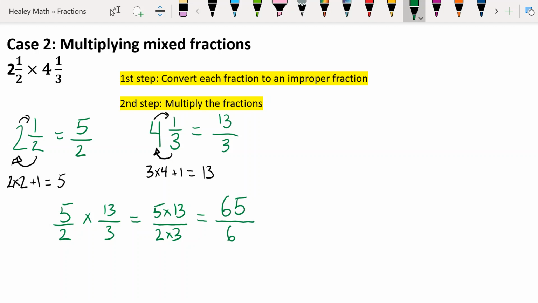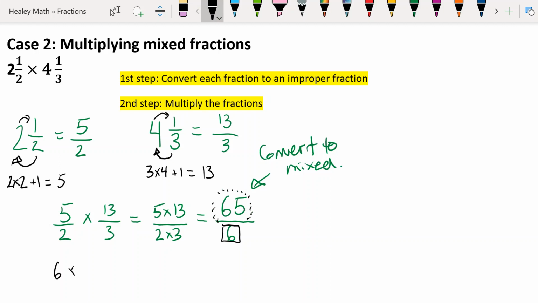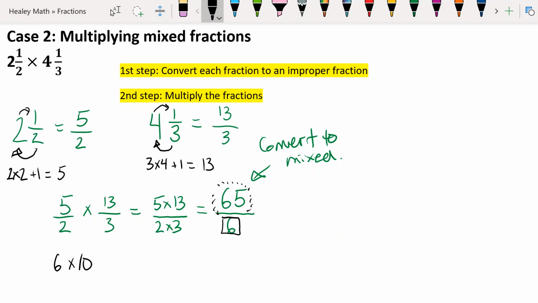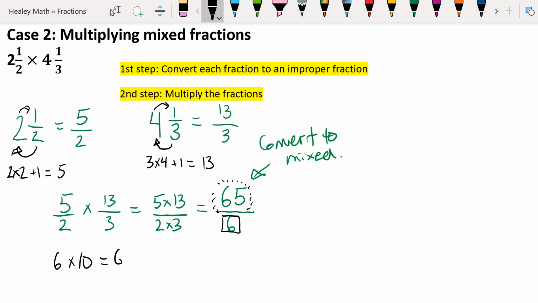And let's look to convert to a mixed fraction. And remember, when we convert it to a mixed fraction, we ask ourselves, how many times does 6 fit into 65? And I know that 6 times 10 is 60.